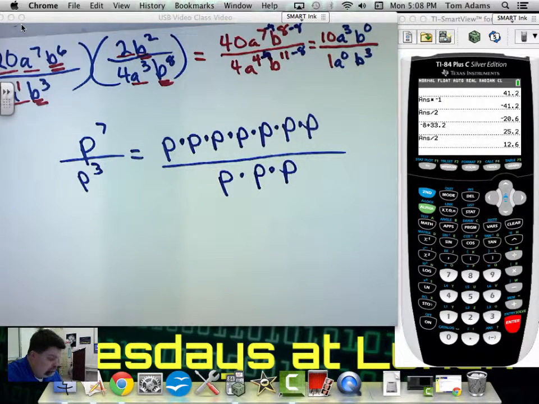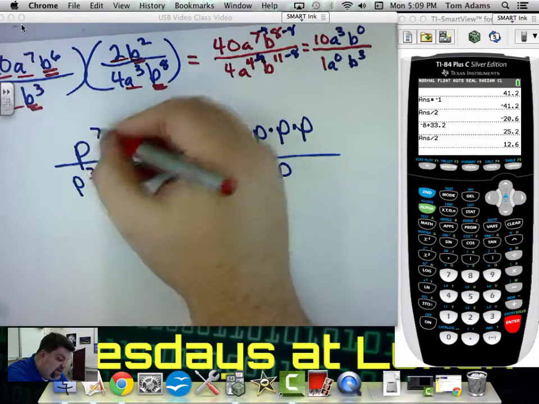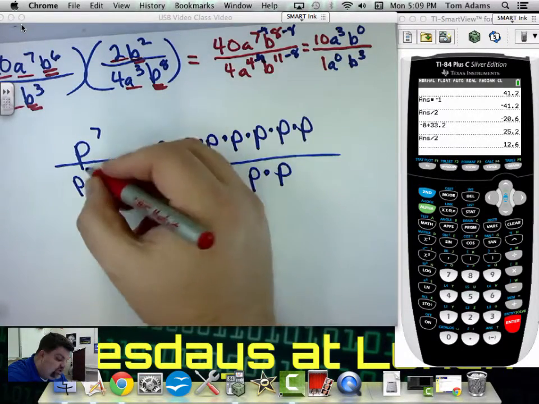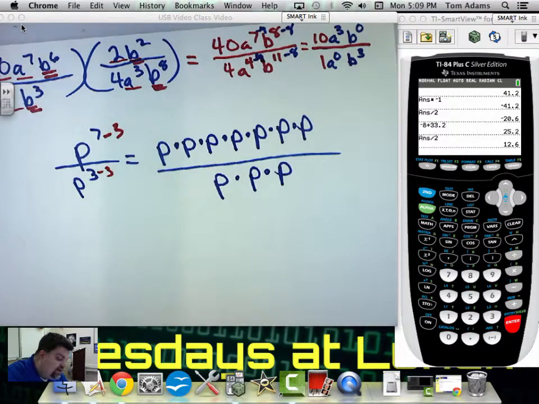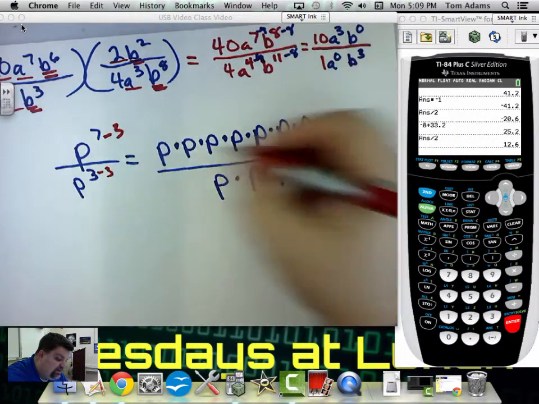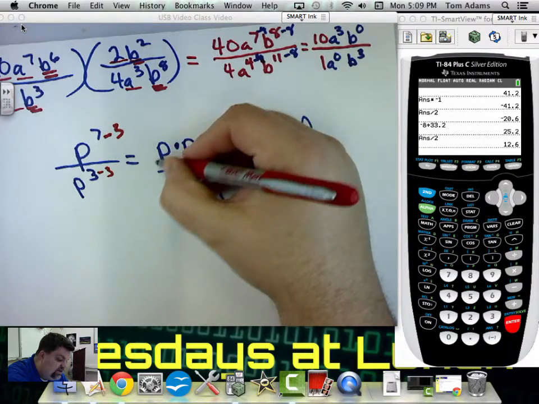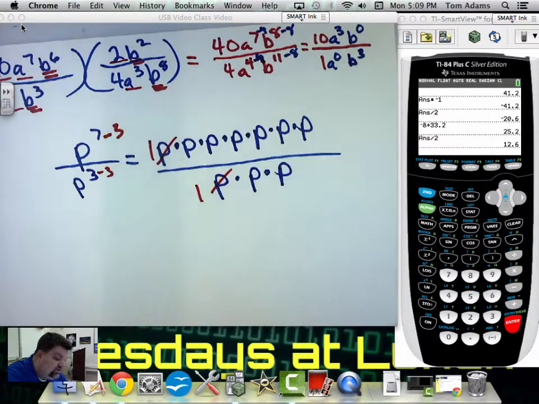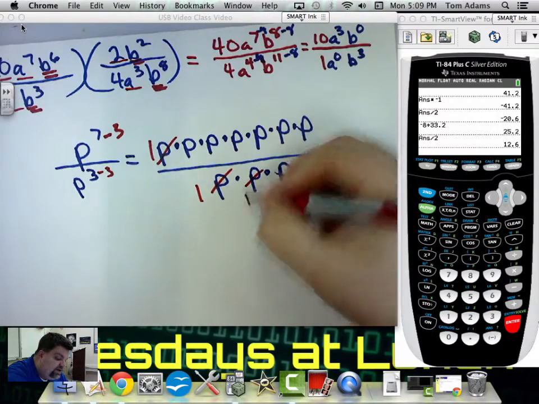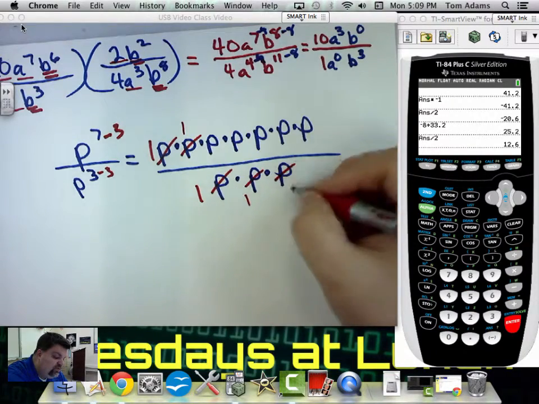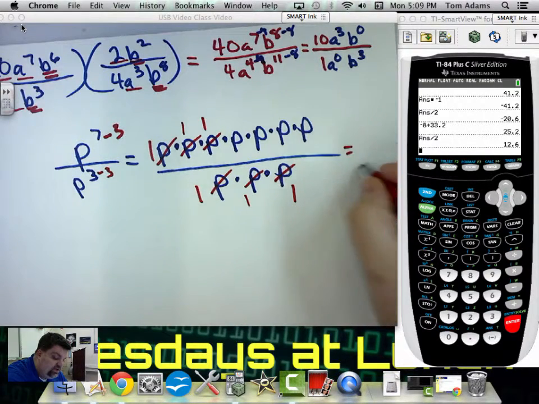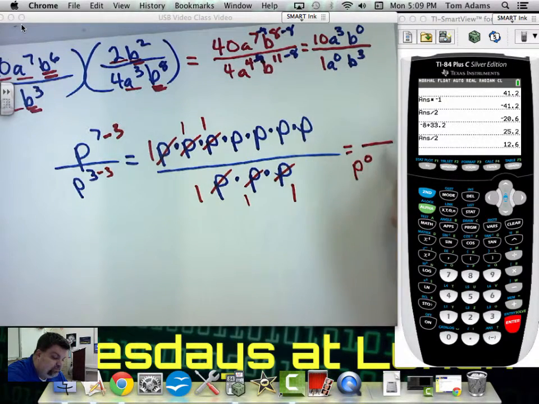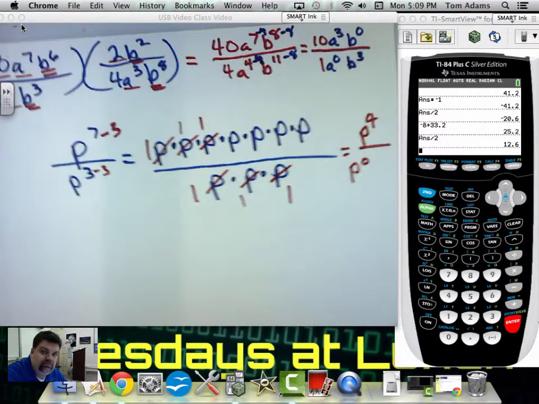Well, I have more p's on top and less on the bottom, so by choosing the least on the bottom and subtracting by that power both the top and bottom, what I'm really doing is a shortcut of showing that p divided by p is the same as 1 over 1. I have 0 p's on the bottom and 4 on the top.